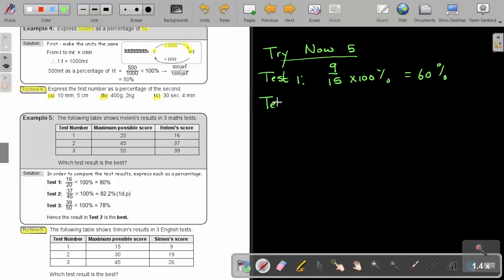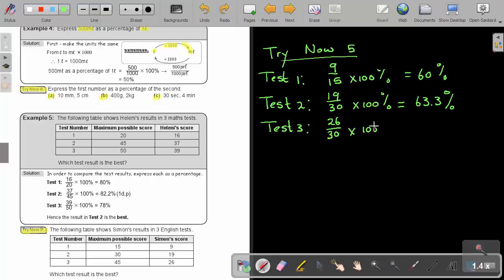Okay, let's go for test 2. That will give me 19 out of 30, and we multiply it with 100%, and that will give me an answer of 63, if I approximate to 1 decimal place, 63.3%, and then test 3, which will be 26 out of 45 times 100%, and that is 57.8%.